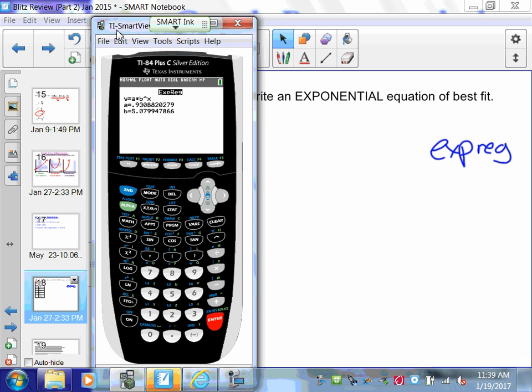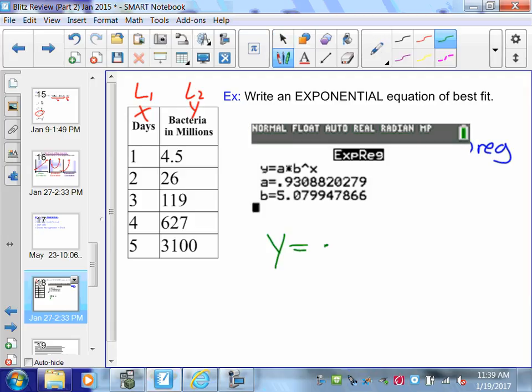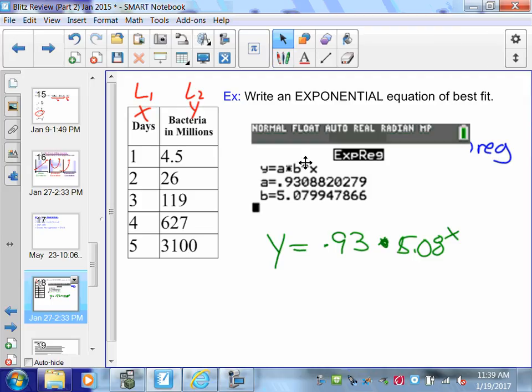So to write that equation, let me write this over here. To write that equation, it would just be y is equal to 0.93 times 5.08 to the x power. So let's put times there.